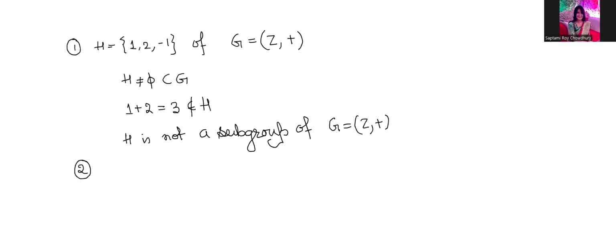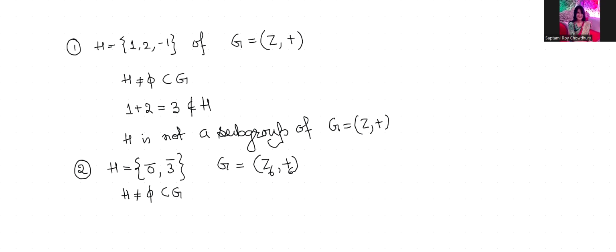H equal to, this is the modulo class, 0 bar, 3 bar. G equal to Z6 comma plus. This is the plus 6 modulo. So, H is obviously a non-empty subset of G. This condition is satisfied.